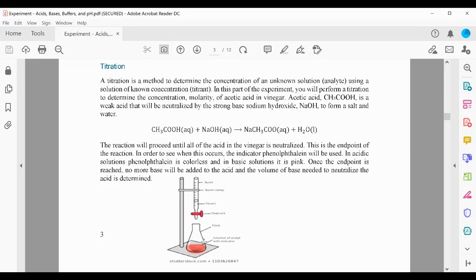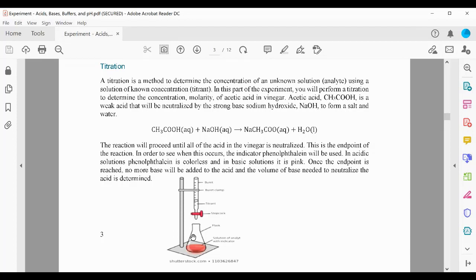And what is the equivalence point? In theory, the equivalence point is where the number of moles of the base is stoichiometrically equal to the number of moles of the acid. So we have this reaction right here.